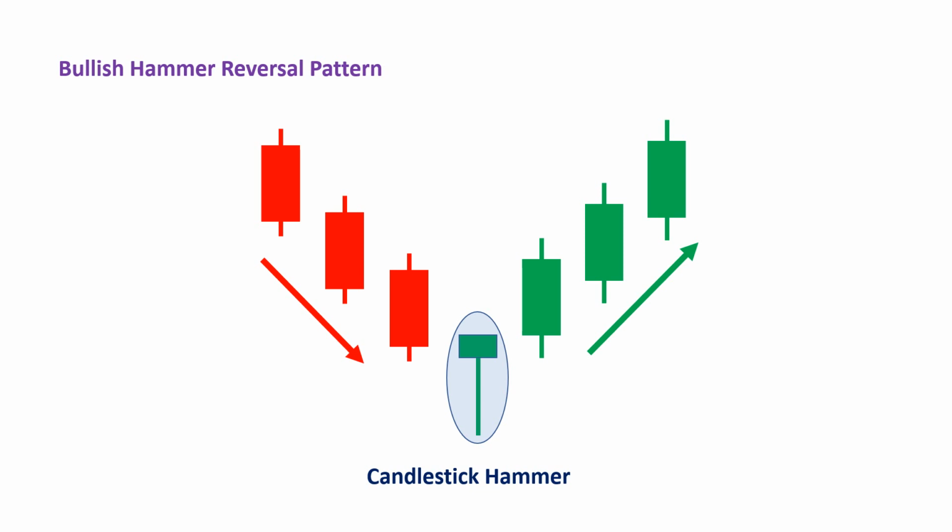Traders look for a confirmation signal such as a bullish candle or a higher closing price in a subsequent session to confirm the hammer pattern. This pattern often signals a potential bullish reversal, especially when it appears near support levels or in oversold conditions.